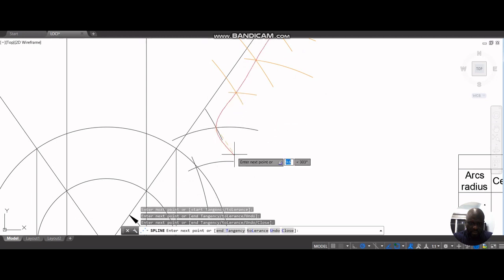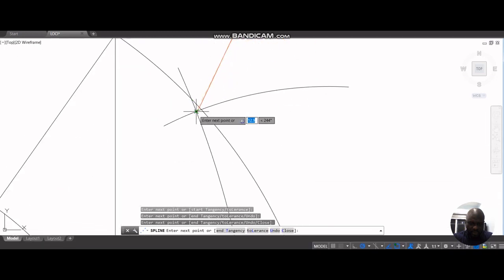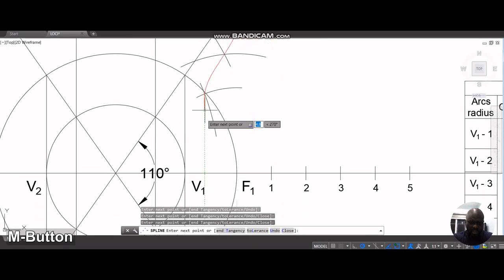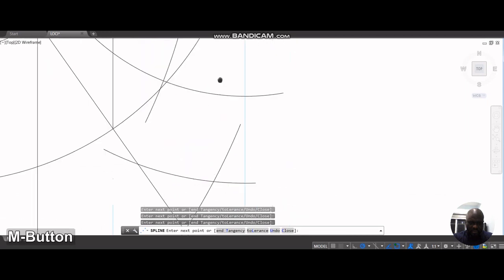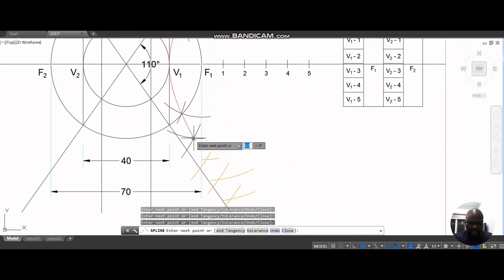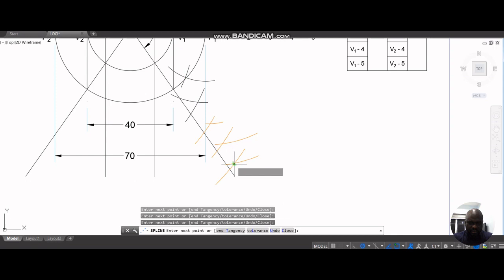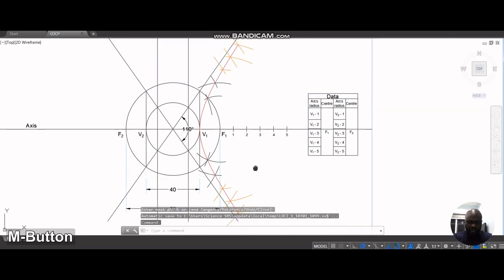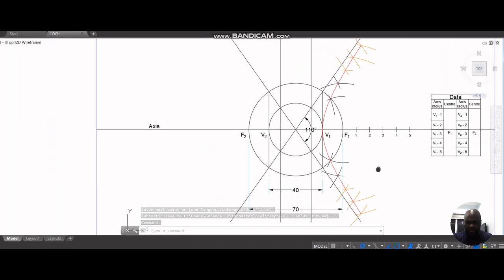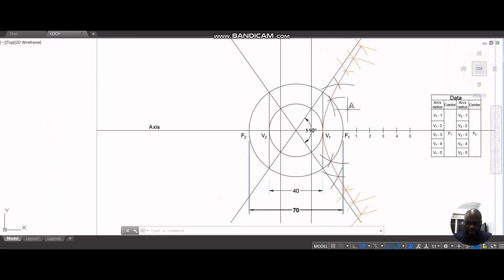You would join all the points together, from the vertex to the points below, this point, to this point, the fourth point, and now to the last point, and terminate your curve there. This is a nice looking curve. The curve on the right is a hyperbola from the data that we have here.